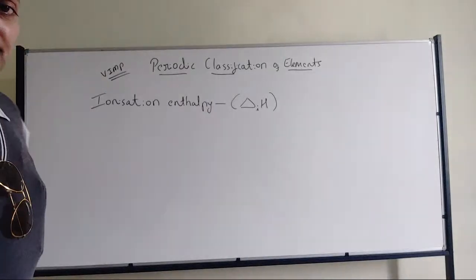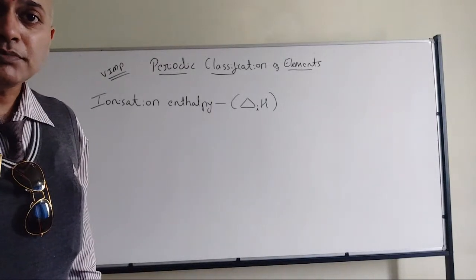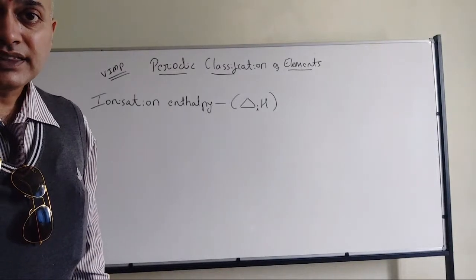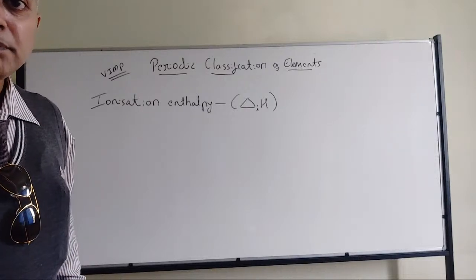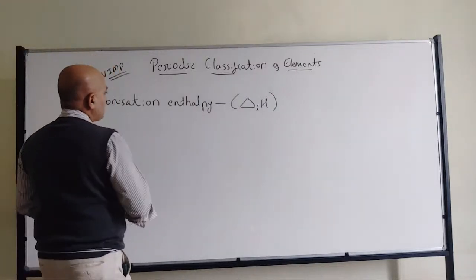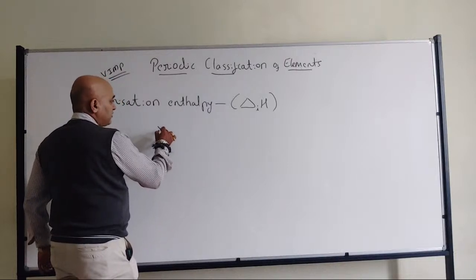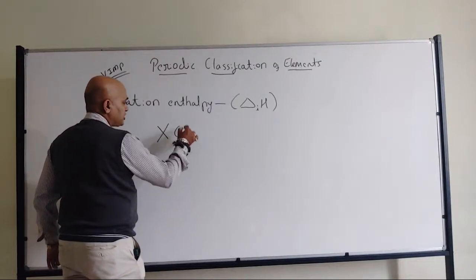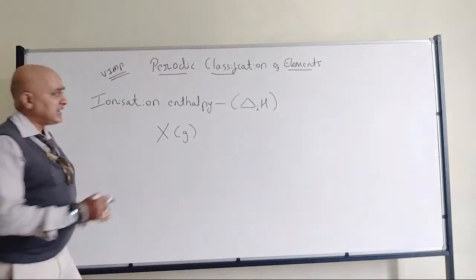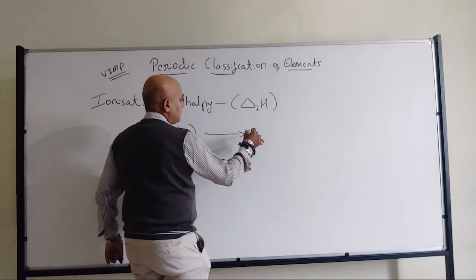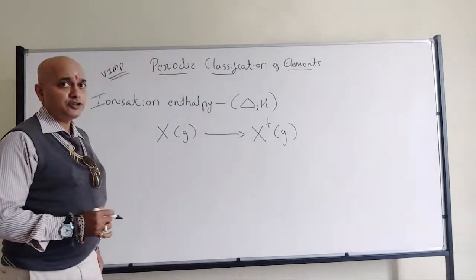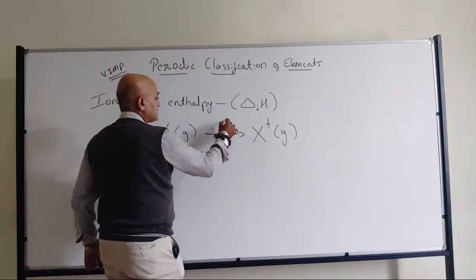Now, enthalpy is nothing but heat, that is nothing but energy. So that's where we have the ionization enthalpy, with the symbolic representation delta IH. When I am talking about ionization enthalpy, the general equation is: I have a gaseous atom, not a molecule, which will get converted into ionic form. How is it possible?